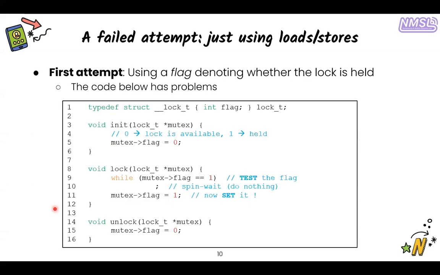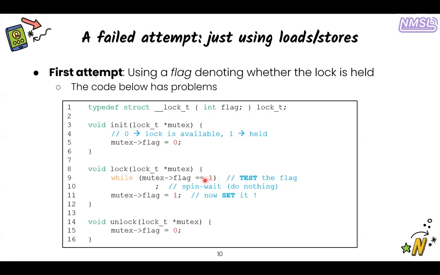So the first attempt is using a flag. It's just a bit. So lock is basically an integer, which is a flag. First initialize it. A value of 0 means the lock is available, nobody has the lock. If the value is 1, it is already locked. So initialize it to 0. In the function lock, while mutex flag is 1, you test it.